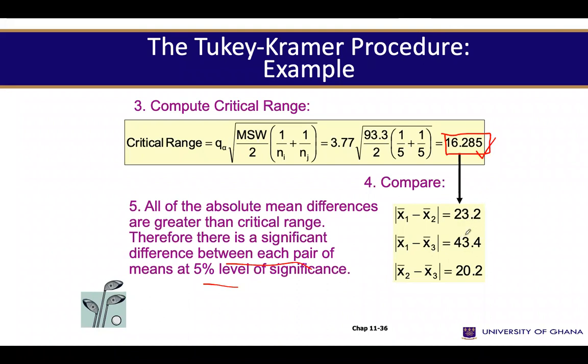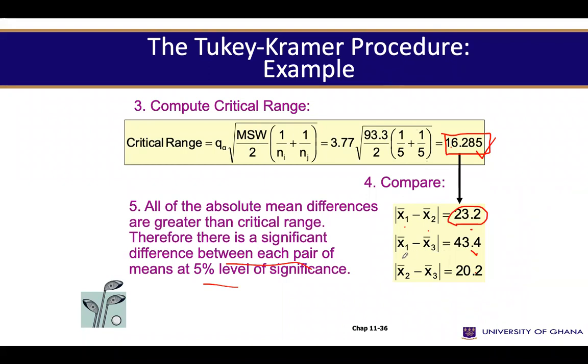I'm going to compare it with these pairwise comparisons. When you compare group 1 and group 2, the absolute mean difference is 23.2. Now this 23.2 is bigger than the 16.285. That tells you that there is a significant difference between group 1 and group 2.